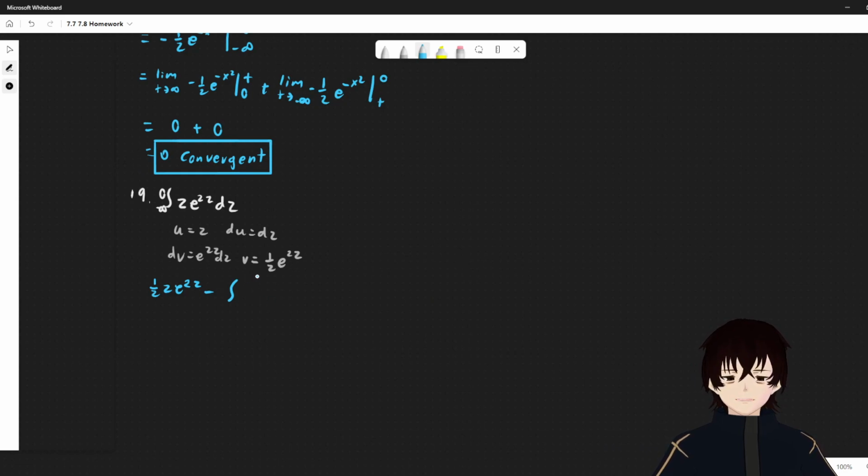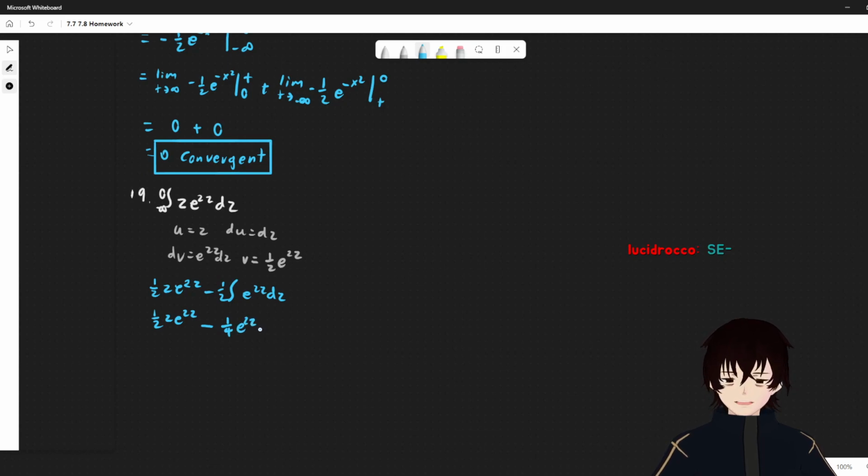Minus v du, minus 1/2 e to the 2z dz. So that's 1/2 z e to the 2z minus 1/4 e to the 2z.